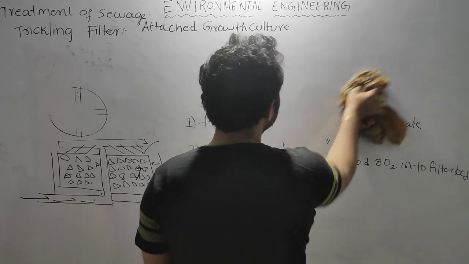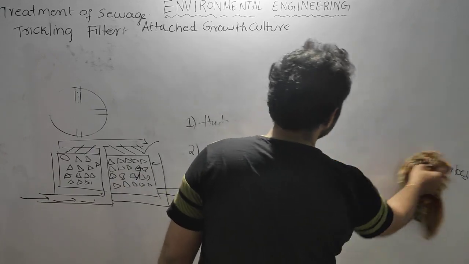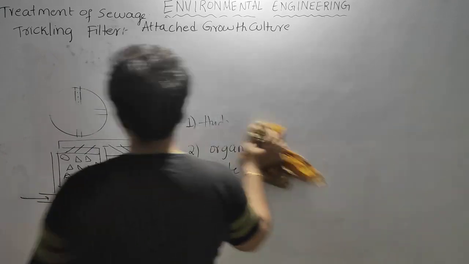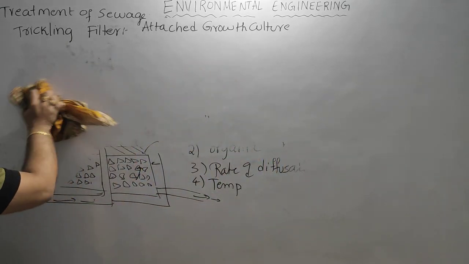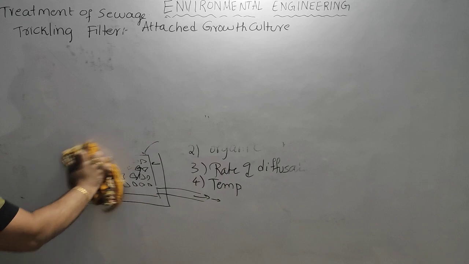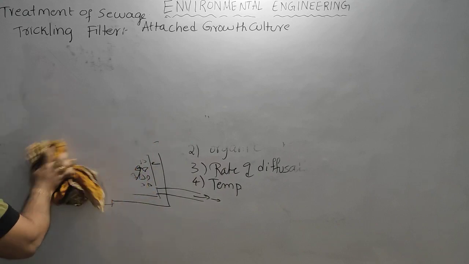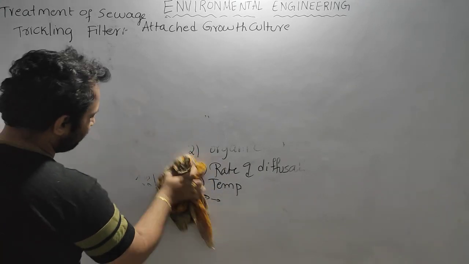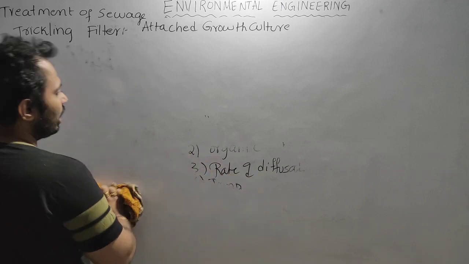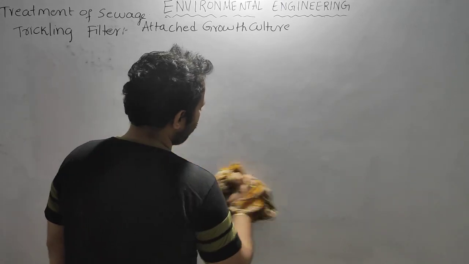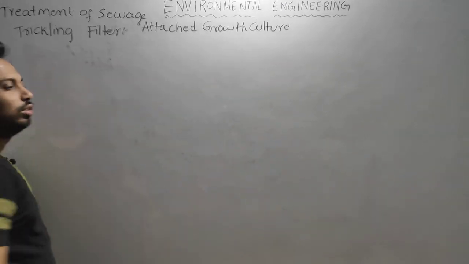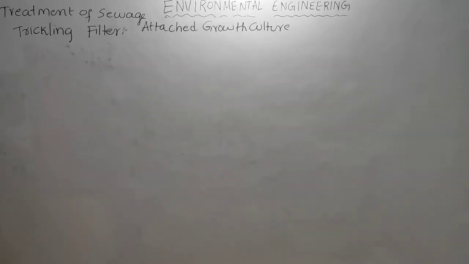NRC has given an equation, and using that equation we generally design the filter. What is meant by filter design? Filter design is nothing but deciding the surface area and the depth of the filter. Generally the depth of the trickling filter varies around 2 to 2.5 meters, so here we need to fix the surface area majorly, that is the design.